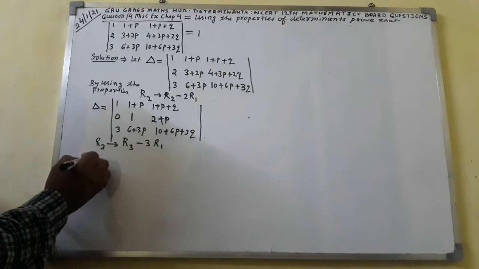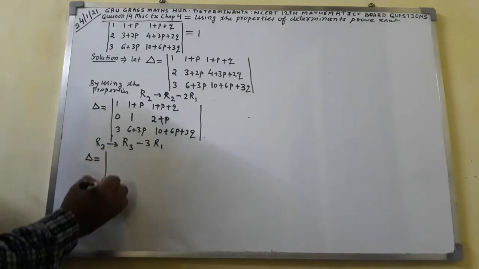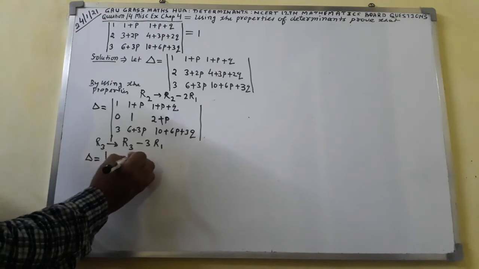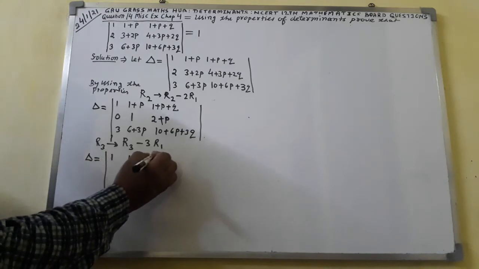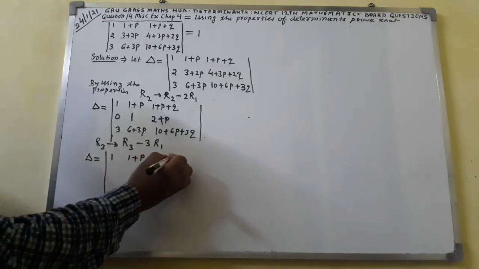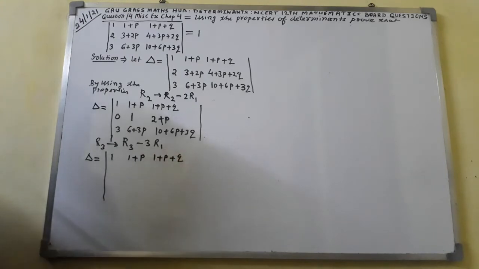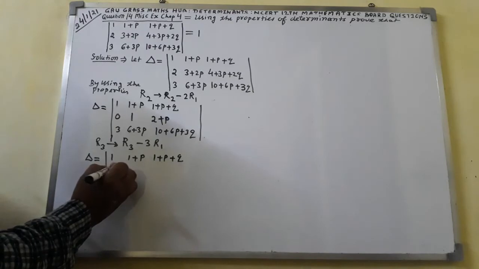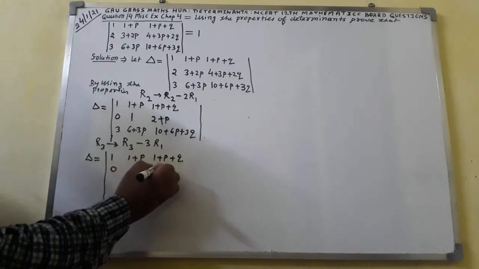So here I shall get det equal to elements of first row I shall write as it is: 1, 1 plus p, 1 plus p plus cube. And also elements of second row I shall write as it is: 0, 1, 2 plus p.